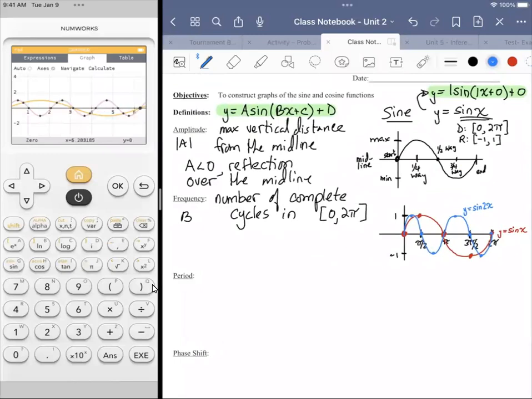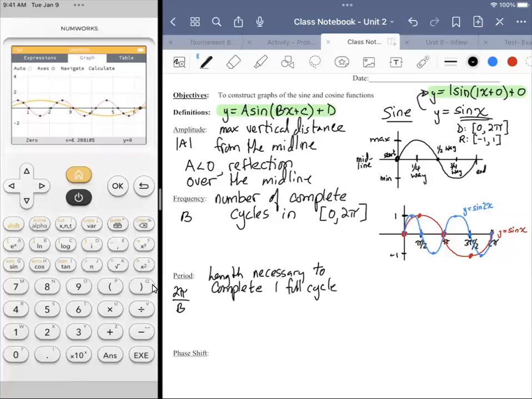Speaking of the word period, period is the length necessary to complete 1 full cycle. And the rule for that is 2 pi divided by whatever the B value is.